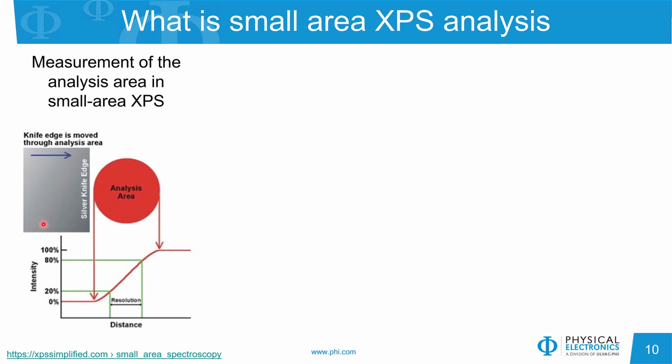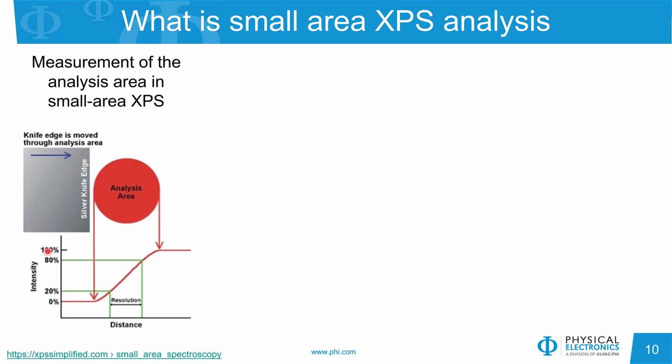So we're moving our analysis area across this edge and we're collecting intensity. As soon as we start seeing the electrons, this is where we see the edge. And then as we move, we come to a plateau. At this plateau, our intensity has reached 100%, and now we are at the flat part of our sample.